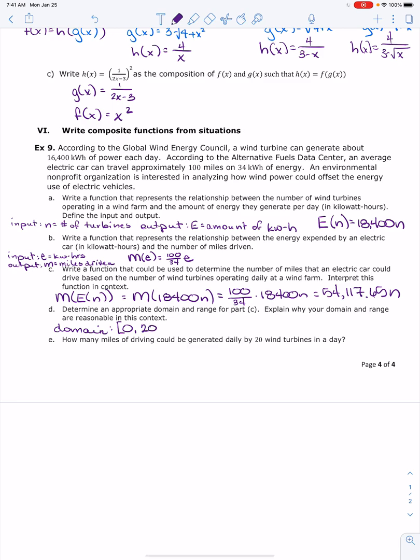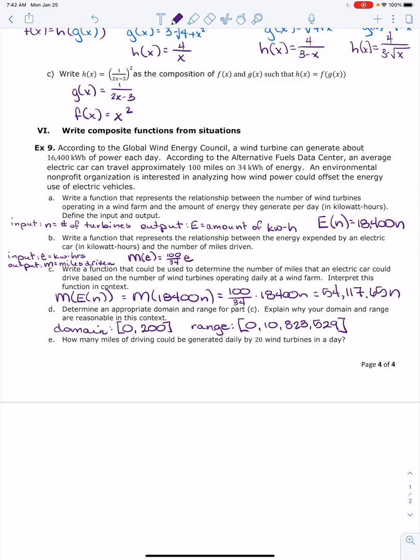So we could go 0 to 200. You could have 0 to 250, 350. Doesn't really matter. Just something that's reasonable. The range there, 0 turbines, is going to take us 0 miles. 200 wind turbines will provide the kilowatt hours for 10,823,529 miles. And I just plugged 200 into the equation above and cranked out miles.